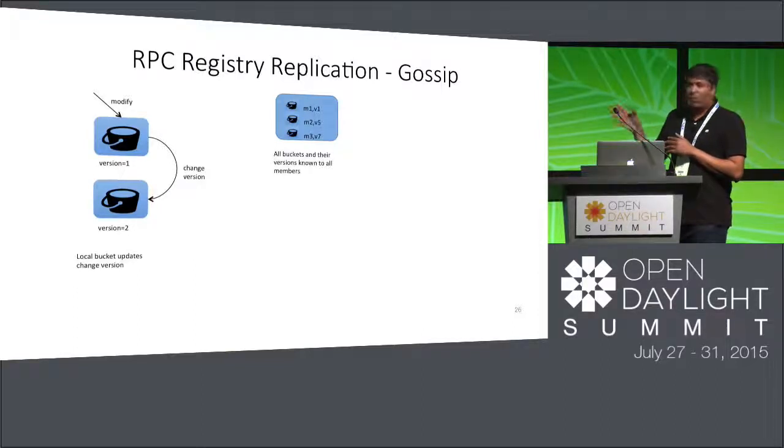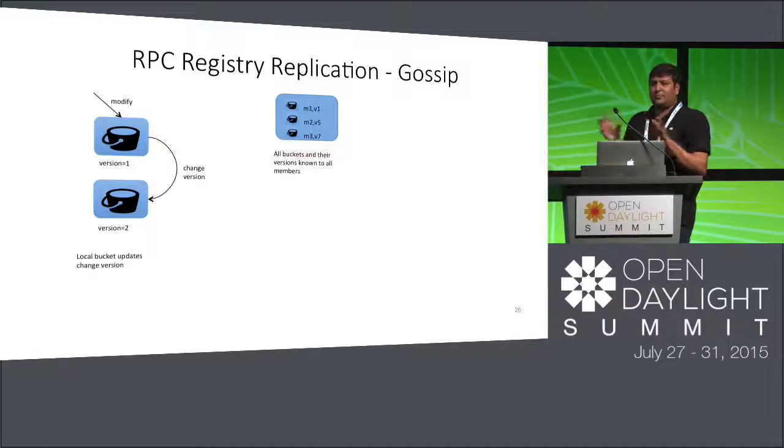So member 1 will know, for example, that on member 1 I have version 1 of the bucket, on member 2 I have version 5, on member 3 I have version 7, and so forth. This information is replicated to all. This way, when I do a gossip with the other nodes, I can tell, okay, I have an older version, so I need to request a newer version from the other node.